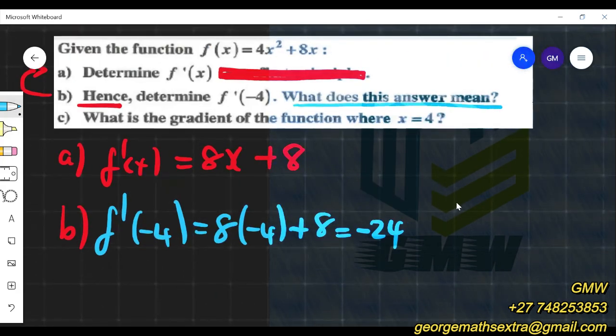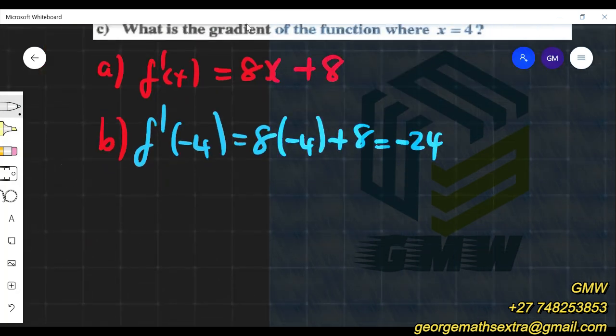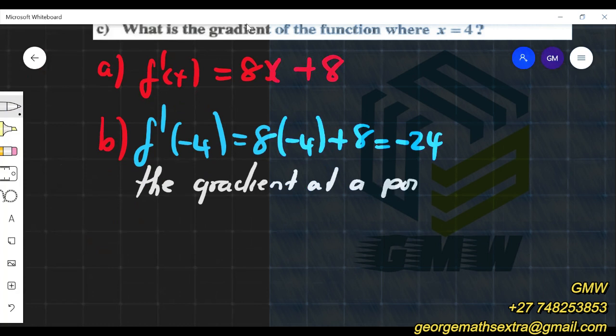Can I now explain the meaning of the answer? It means the gradient at the point x equals minus 4 is negative 24.